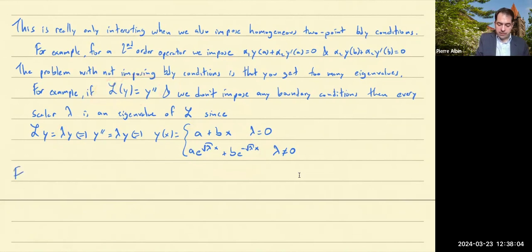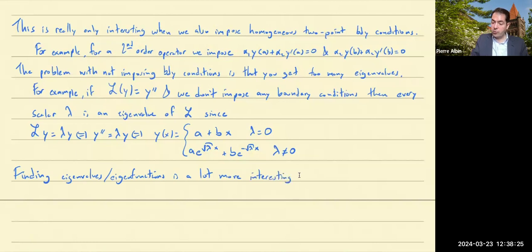Finding eigenvalues and eigenfunctions is a lot more interesting with boundary conditions.